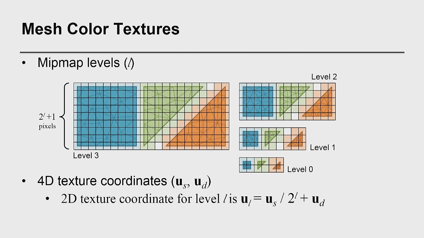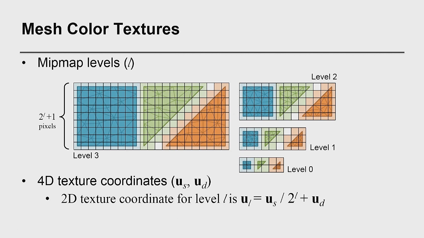One important point here is that with mesh color textures, you need to be sure that your vertices are placed on the UV map exactly at the centers of some texels. And you need to make sure that this is the case for any given mipmap level. This means that I need to have a different UV coordinate specified for each mipmap level.